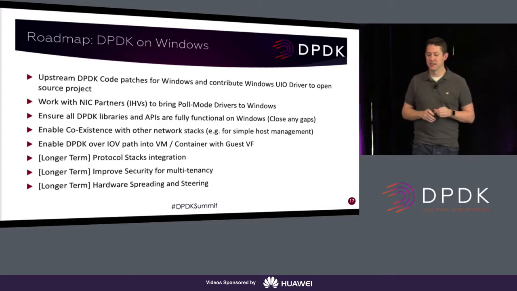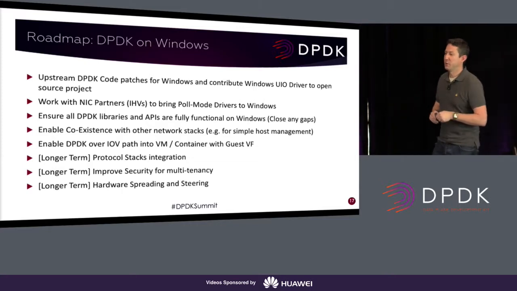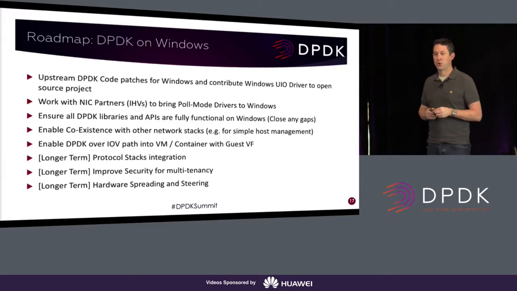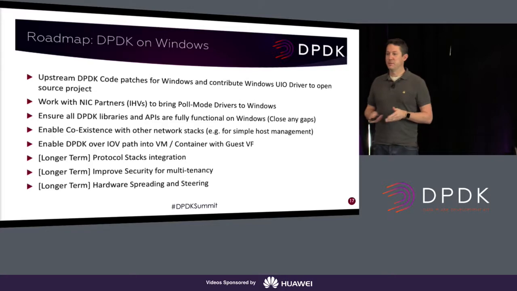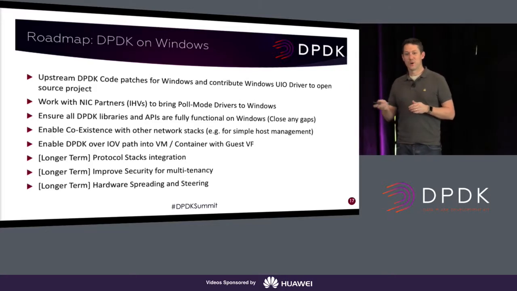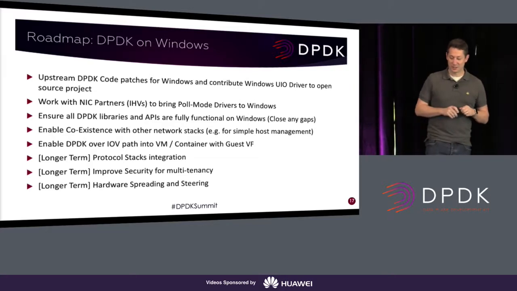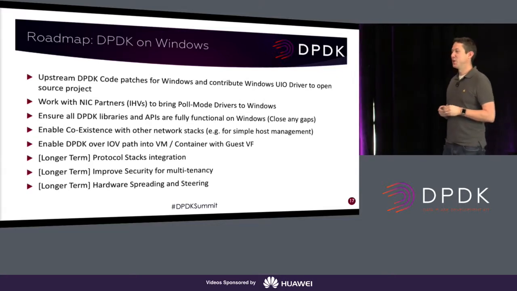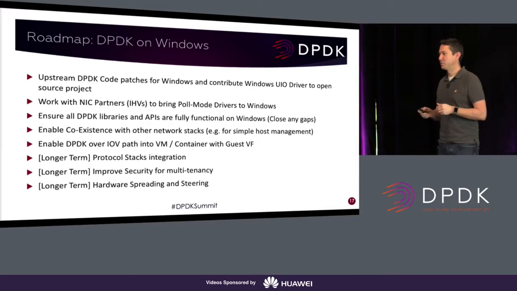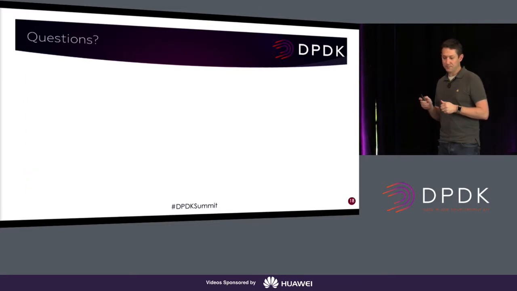We have some ideas there. Longer term, we are looking at user mode protocol stacks. I'd say that's definitely further out, but we'd be interested to talk to you. I've already talked to some people here in the audience, so I'm looking forward to those conversations as well. And then again, security and better hardware support for spreading is on our roadmap.